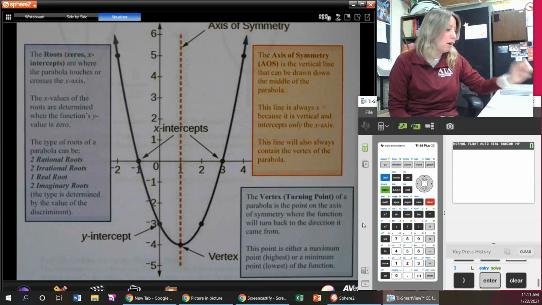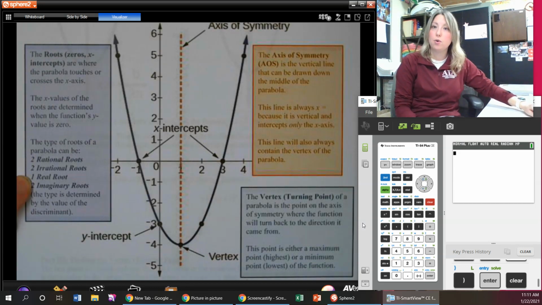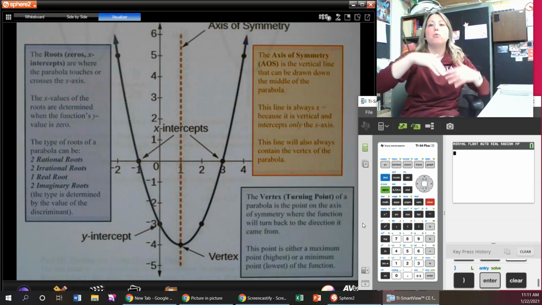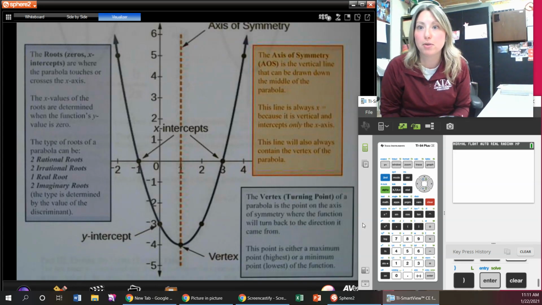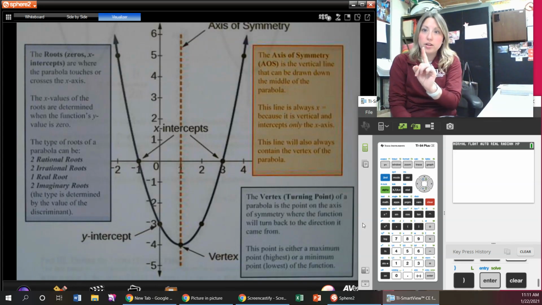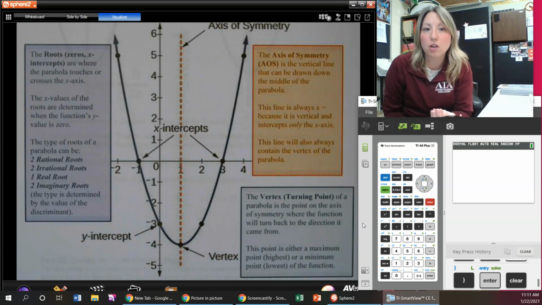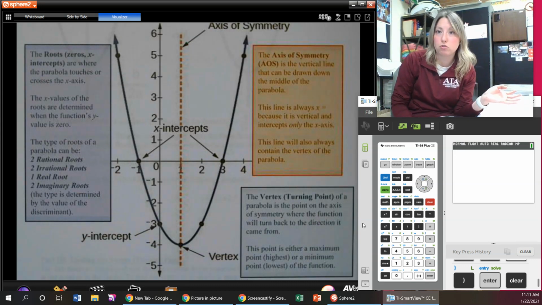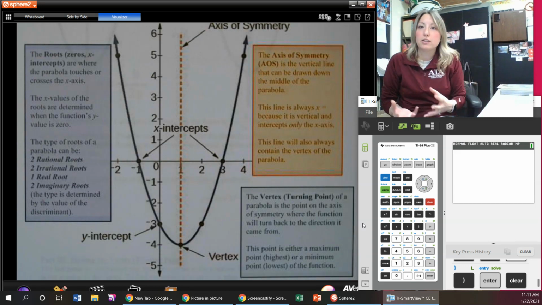But if you have the one real root scenario, that's when it only touches the x-axis and comes back up or continues back down, whatever it may be. That's the one root scenario, and that one root is also on your axis of symmetry. It's also your vertex, and it's also your axis of symmetry value for x. All these things connect, right?